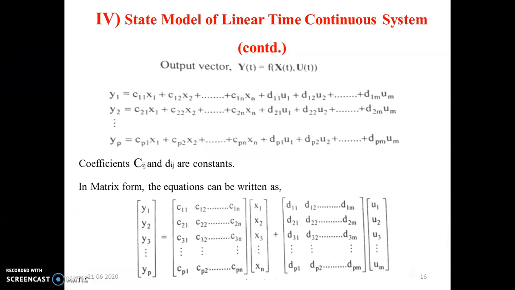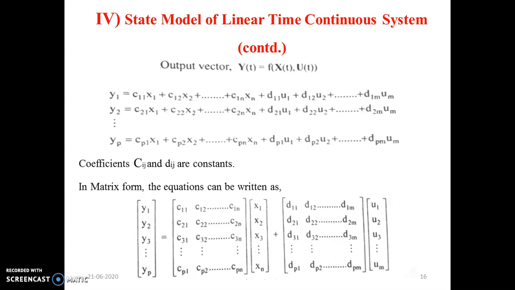Output vector y of t is equal to a function of x of t, u of t. y1 is the first output of the system.